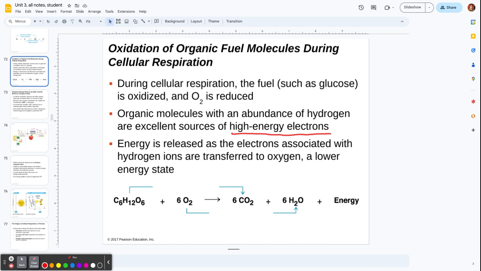If you think about stairs and you think of the ball at the top of the stairs, it's going to roll down those steep stairs until it gets to the bottom. And once it's at the bottom, it's lost a lot of its energy. Right? There's a lot of energy that you can't really use to do any work anymore. Those electrons are spent. And so it is the oxygen that's going to pick up those electrons when they're done and do something with them. Get rid of them, actually.